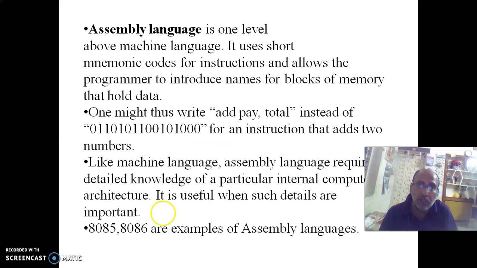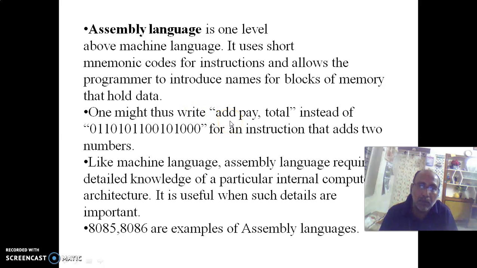The next approach is the assembly language. It is one level above the machine language. It uses short mnemonic codes for instructions and allows the programmer to introduce names for blocks of memory that hold data.